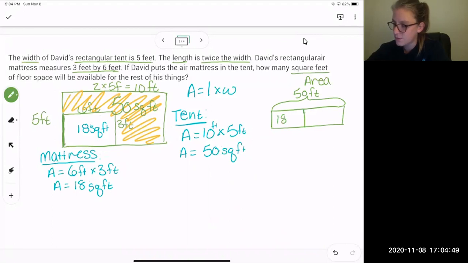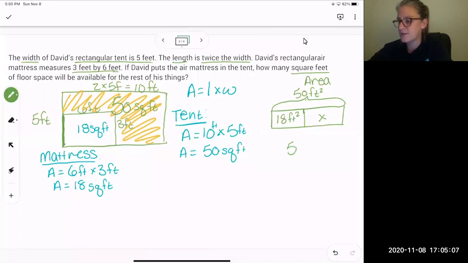Oh, these need to be square feet. I'm just going to draw feet squared. That's another way you can write square feet. Okay, and so we need to find this variable because that's going to give us our yellow part, the extra space for his stuff.